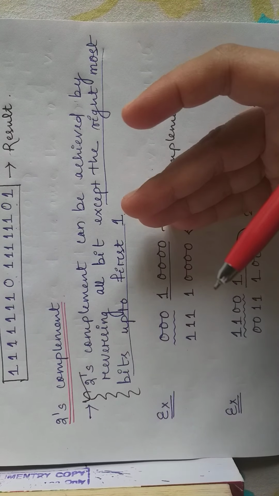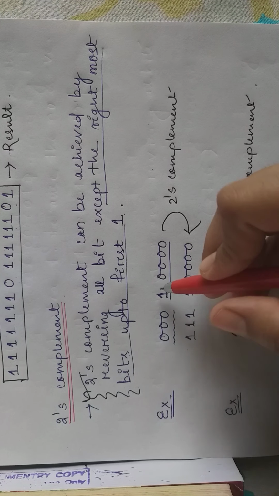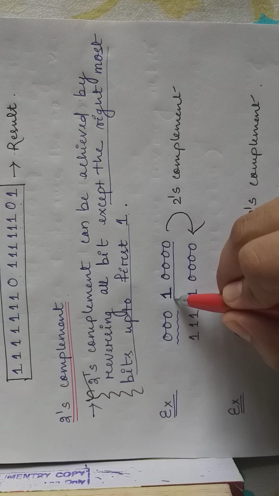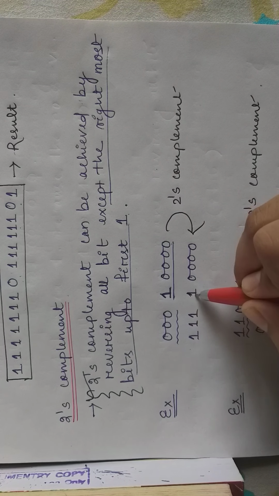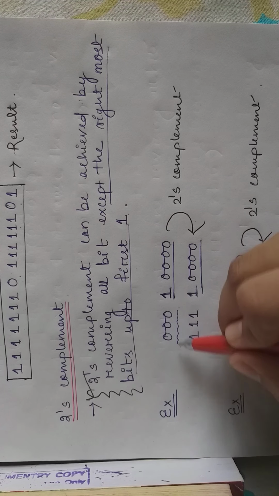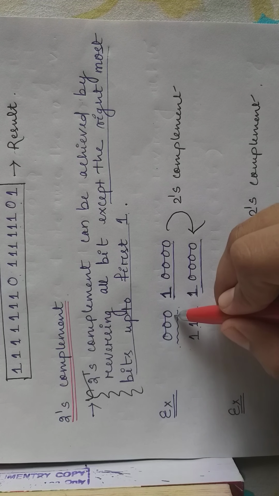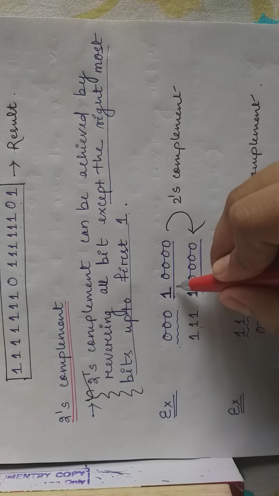If we go from right to left, this is the first one, and up to this much the number will remain same.